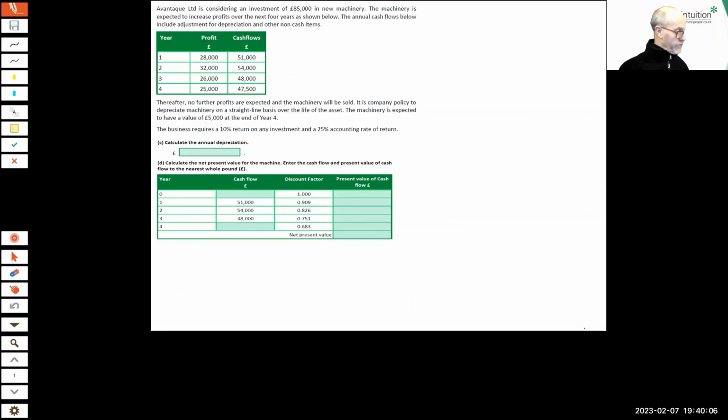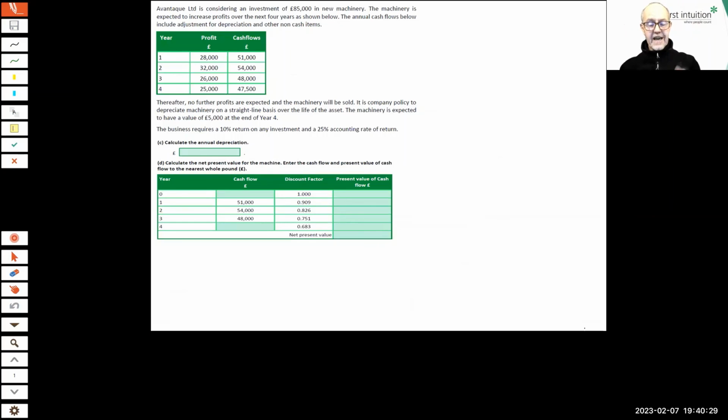Avontac is considering an investment of £85,000 in new machinery, expected to increase profits over the next 4 years. And when you're given data of income and expense, remember that if it says labour savings, that's income. If it says it will incur maintenance costs, that's under outflow. So do read data carefully.